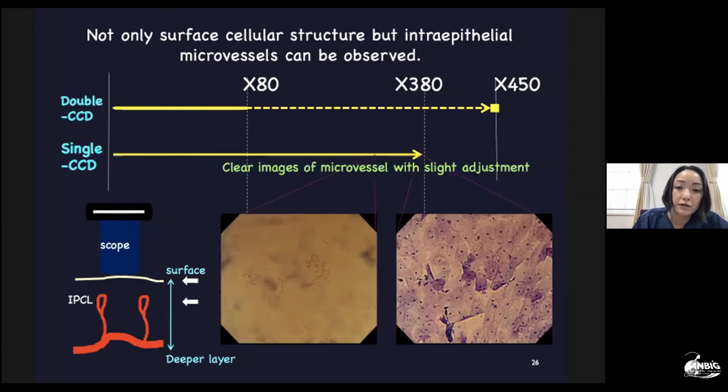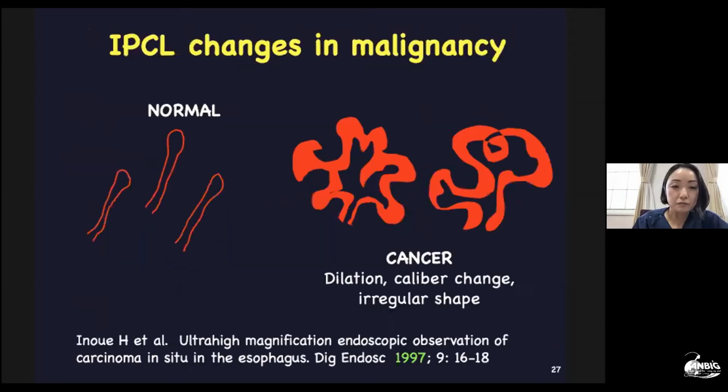So this is actually a very interesting observation. You may have seen this IPCL classification invented by Professor Inoue in 1997. It is more than 20 years ago.